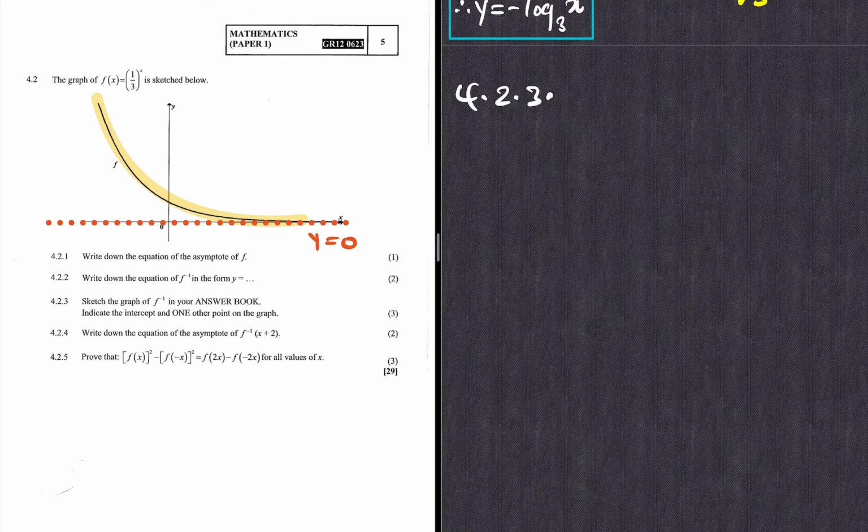Okay, so we have the inverse, which is y equals the log of base 1/3 of x. It's entirely up to you to use 1/3.